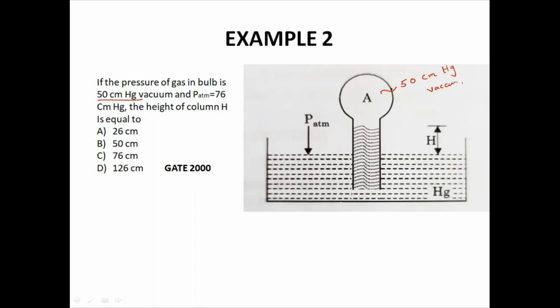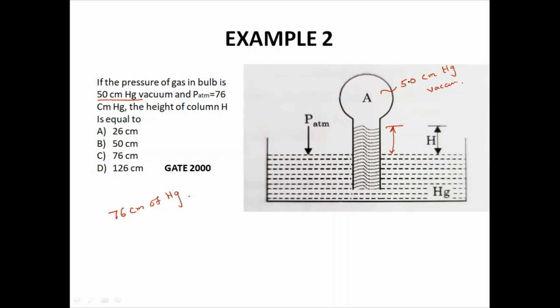So how much height will it take? If there is nothing, if it is fully zero, the height will be 76 centimeter of Hg.